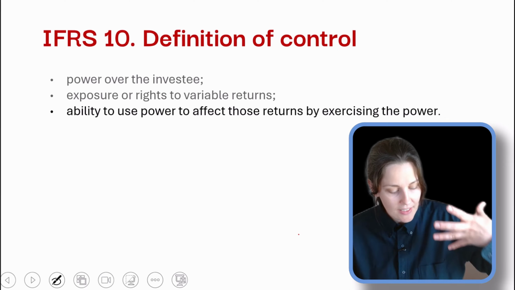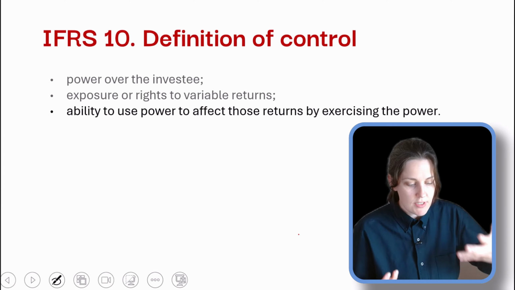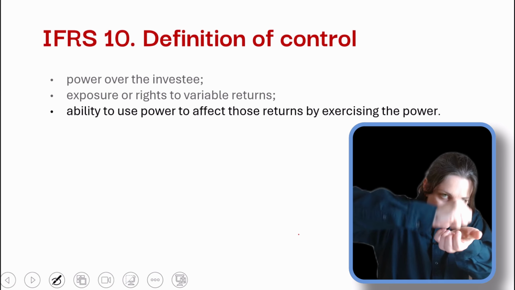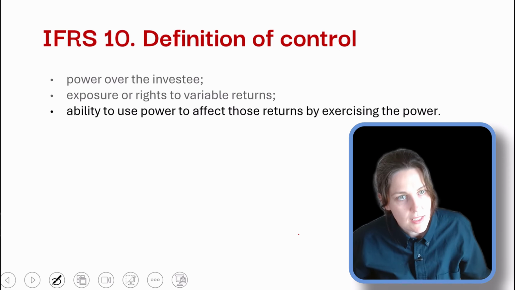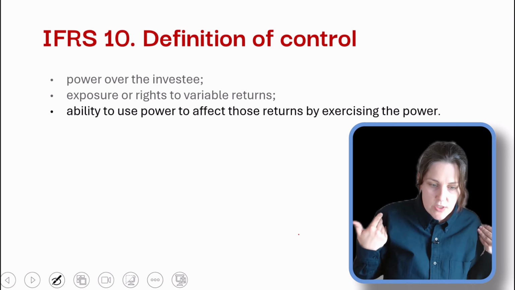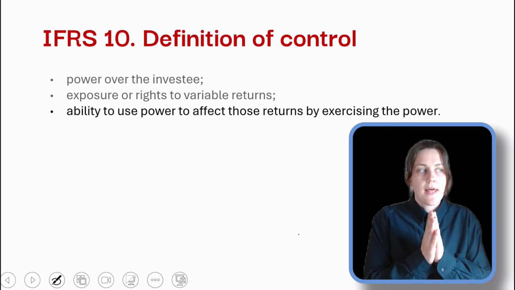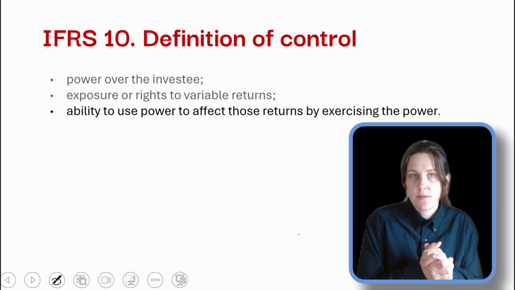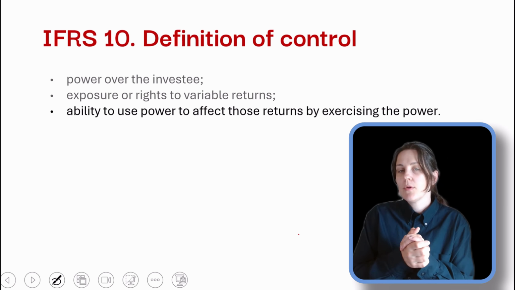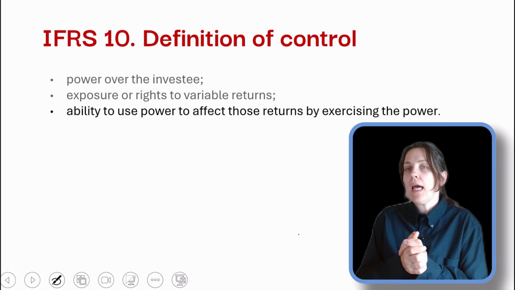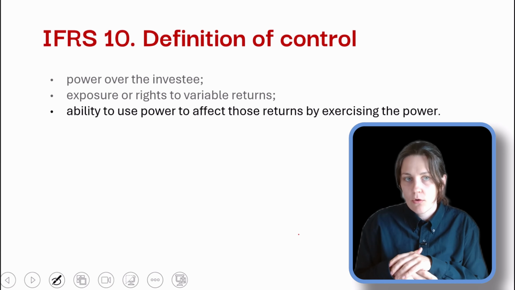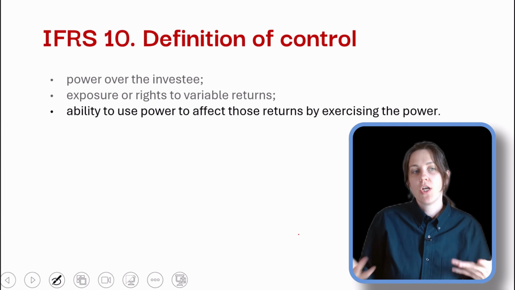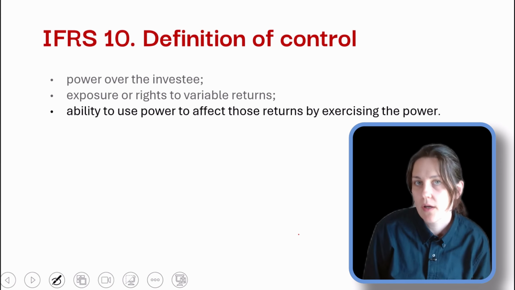If that very investment of ours does not give us the ability to get sometimes this much, sometimes that much, it does not mean that we have control. So, for example, if there is a contract with other parties that despite the fact that we have 60% of rights, we will be able to get from this very investee only, let's say, 1 million annually, then in this case, we don't have exposure or rights to variable returns.